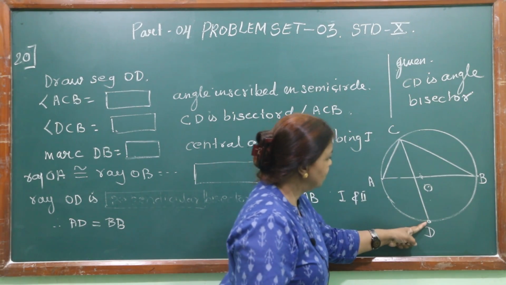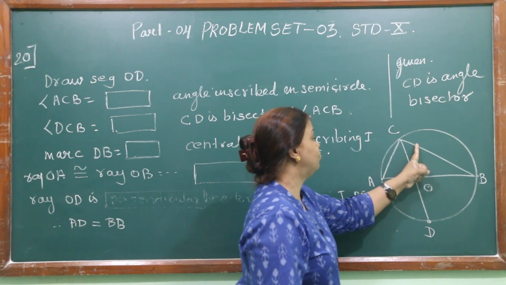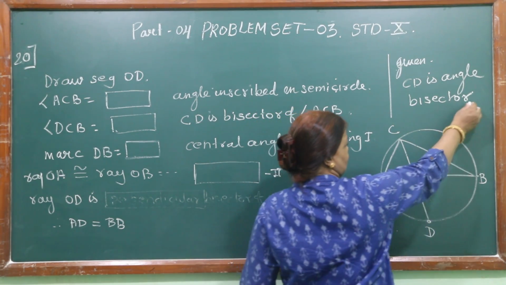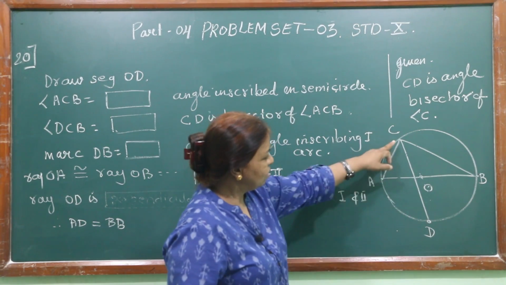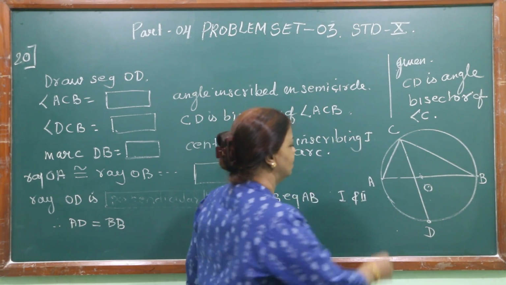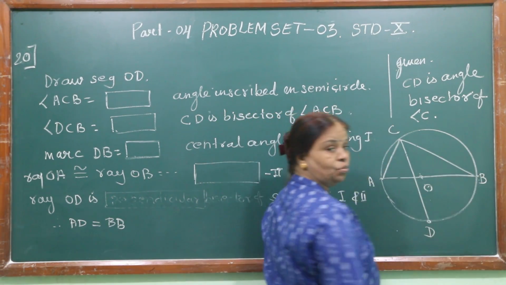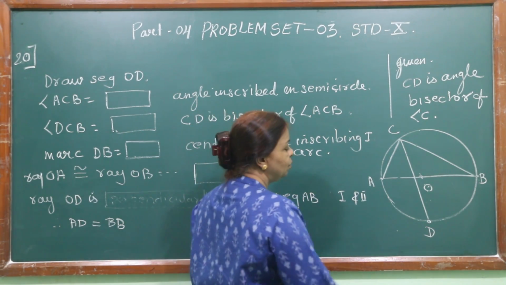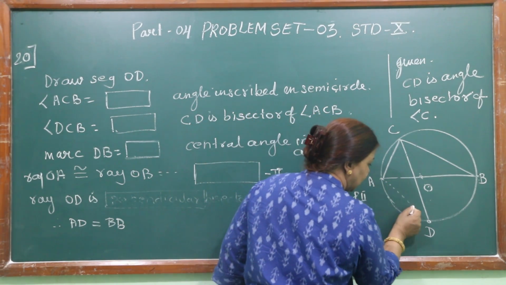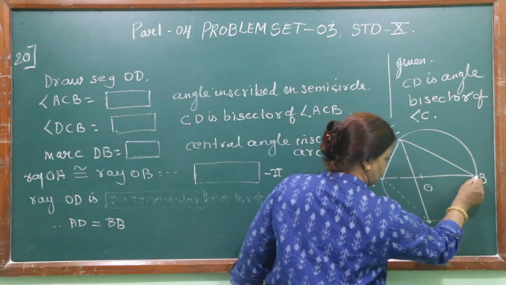CD is the angle bisector of angle C, which means line CD cuts the angle ACB into two equal parts. It is given. We need to prove AD equal to BD.